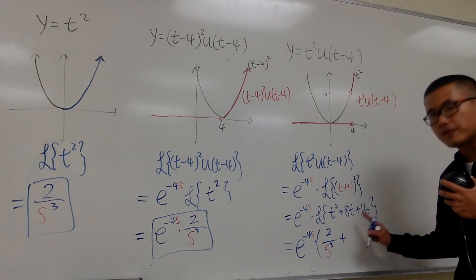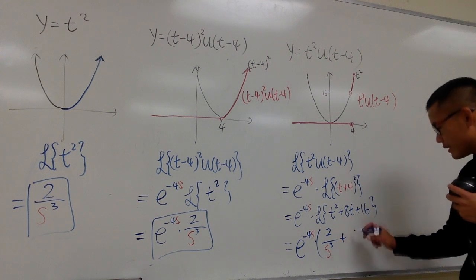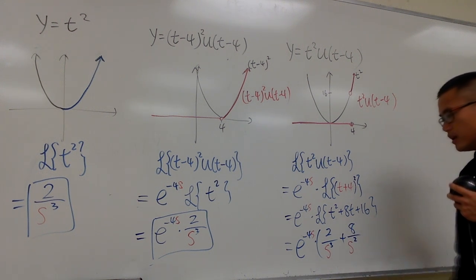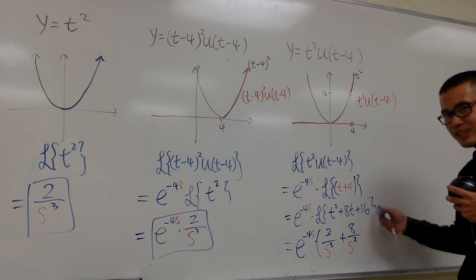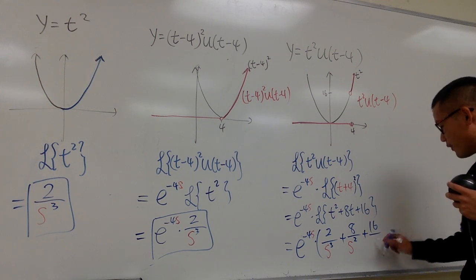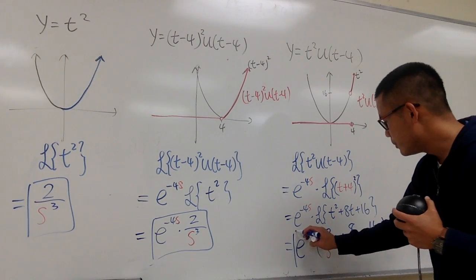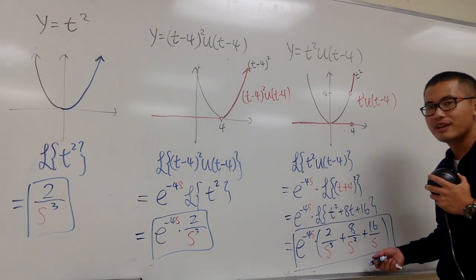The Laplace transform of t is 1 over s squared. And then we have the 8. So altogether will be 8 on the top over s squared. And the Laplace transform of a constant, a 1 or something, is 1 over s. But we have the 16. So plus 16 over s. And that's it. Of course, you don't have to distribute if you don't want to. It's preferred if you leave it this way.